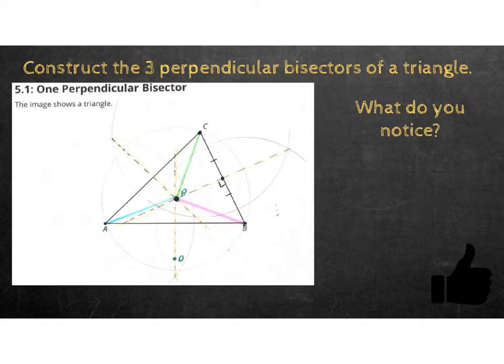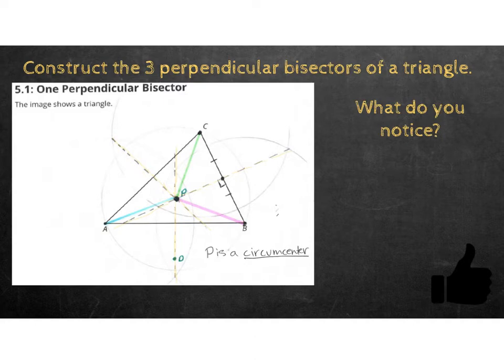They all intersect at the same point, and that point would be point P. So point P is where my perpendicular bisectors intersect, and we call that a circumcenter. So point P is a circumcenter.